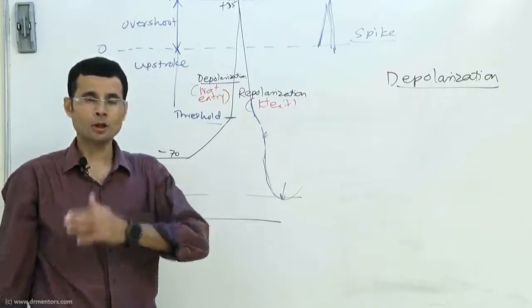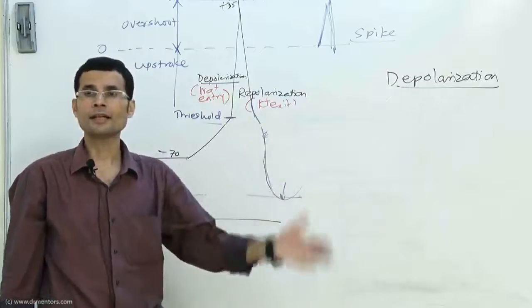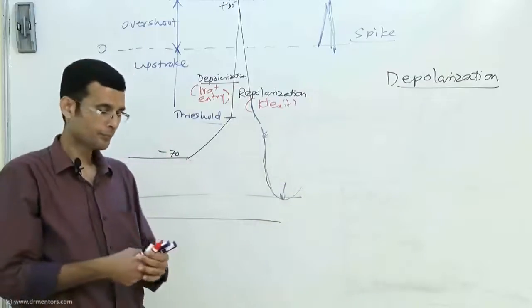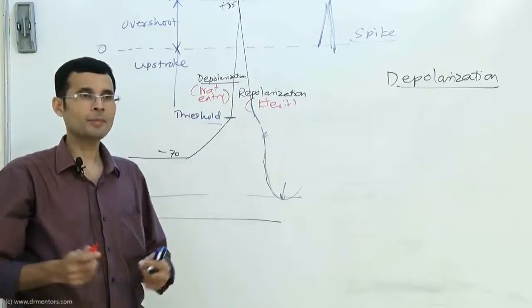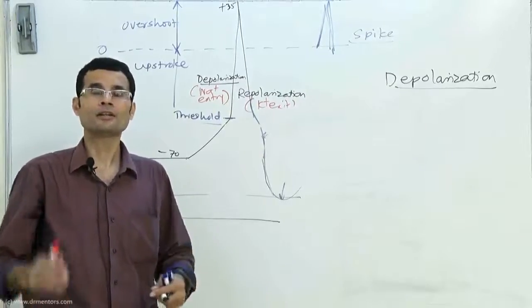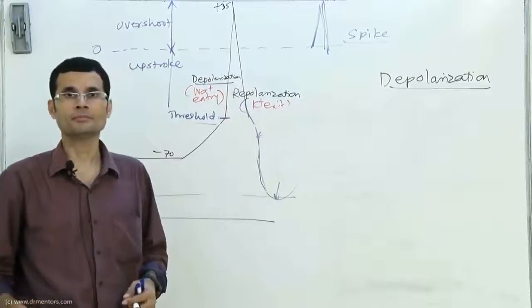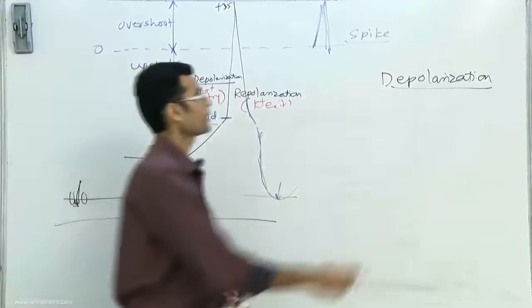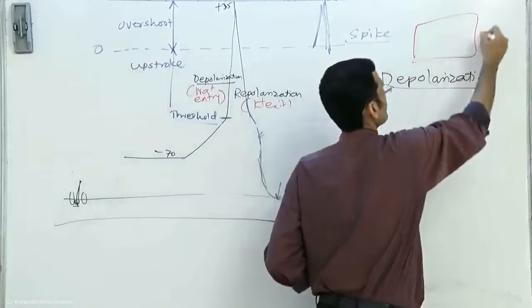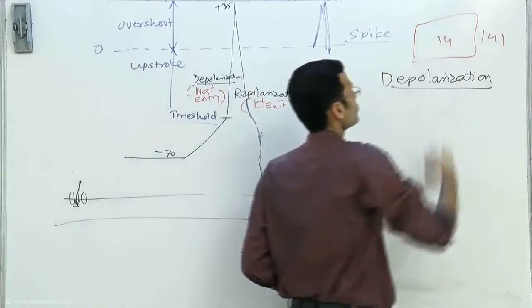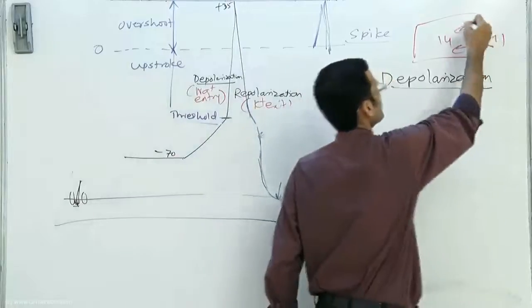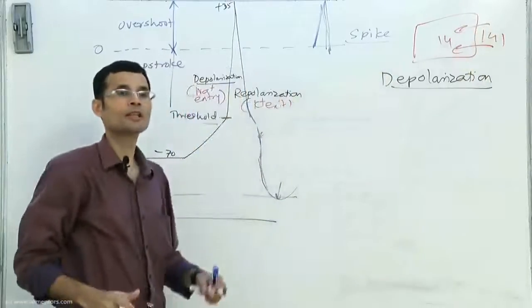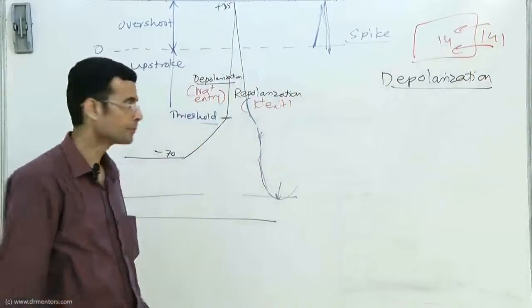There are lots of gates to that stadium, small gates, and all those gates are closed right now. And there is a massive crowd waiting outside to enter the stadium. There is a football match. Massive crowd. Just like our sodium, which has got a concentration gradient to push into the cell.